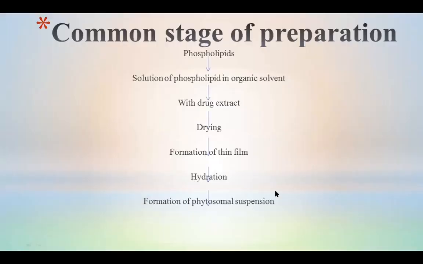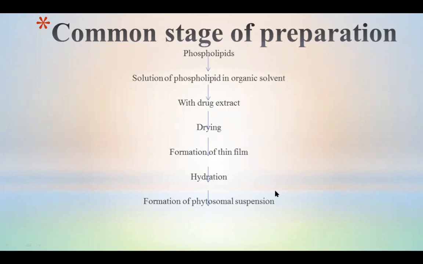The common stages of preparation of phytosomes. First, we make the solution of phospholipids in organic solvents, entrap the drug extracts, and dry at appropriate temperature and appropriate condition. Then formation of a thin film, then hydration with the particular solvent and drying.